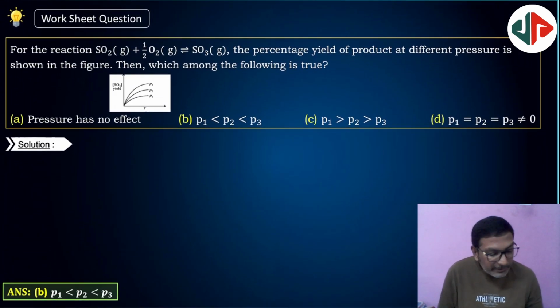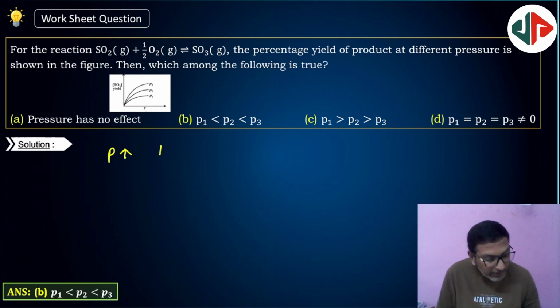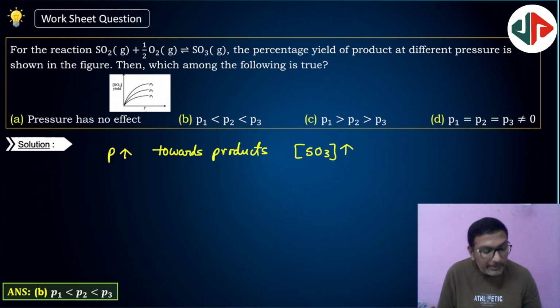Next. For the formation of SO3, graphs are given. As the pressure increases, equilibrium moves towards products. That is, concentration of SO3 increases according to the equation.